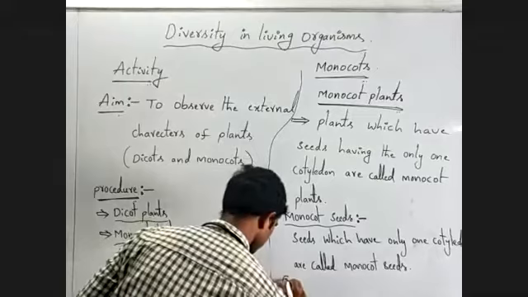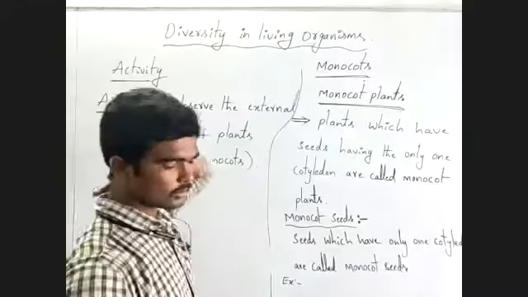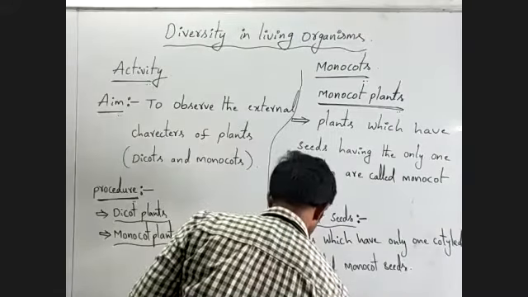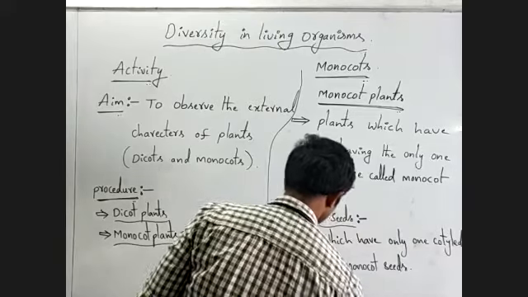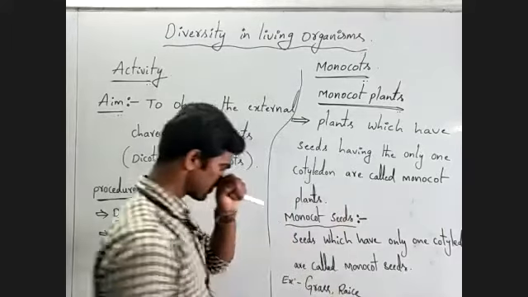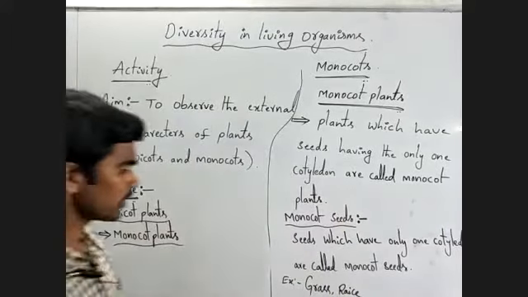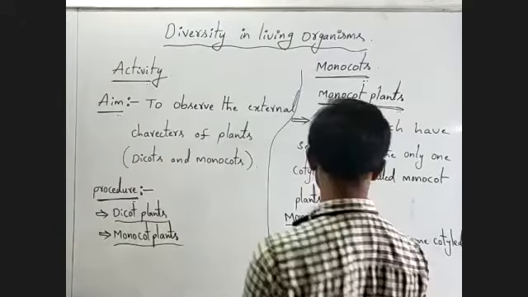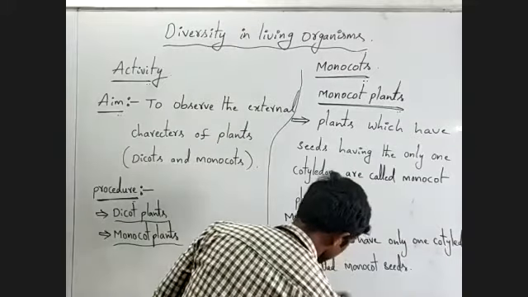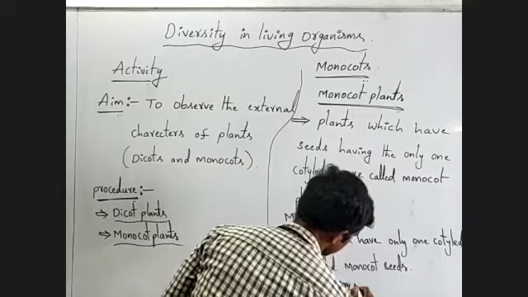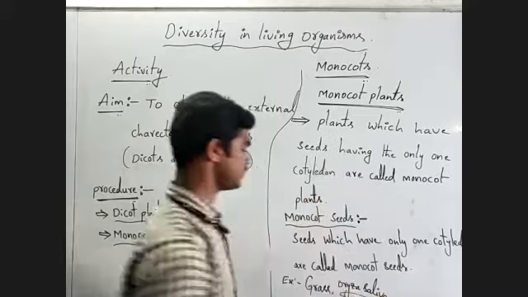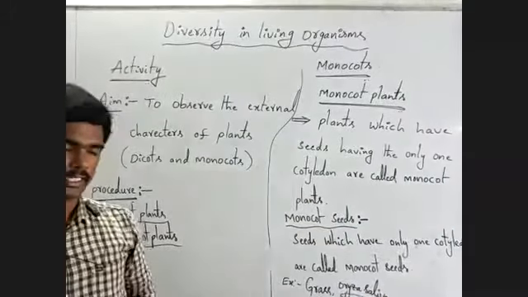Examples of monocots: grass, oryza or rice. Oryza sativa is the scientific name of the paddy or rice.